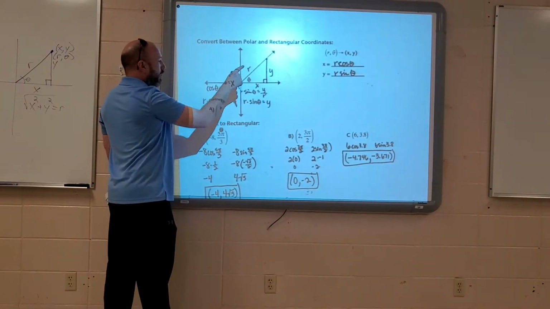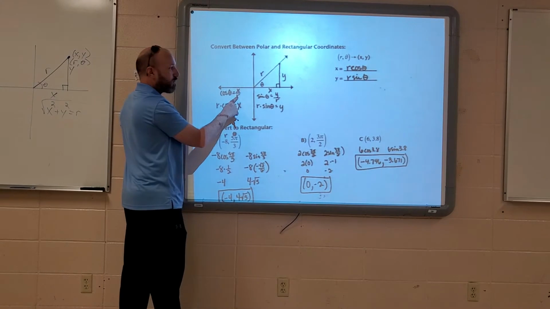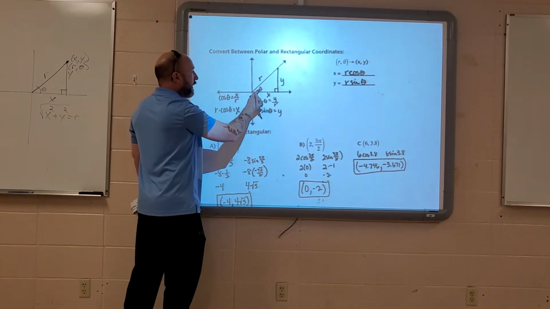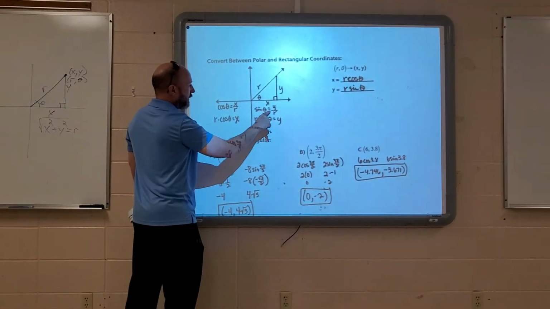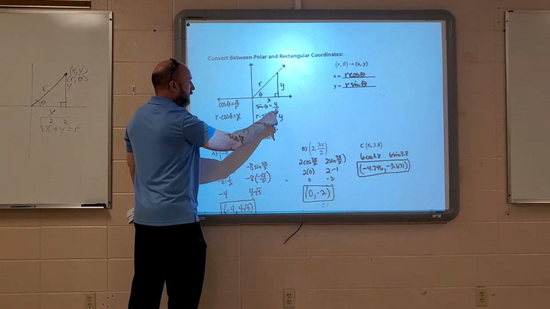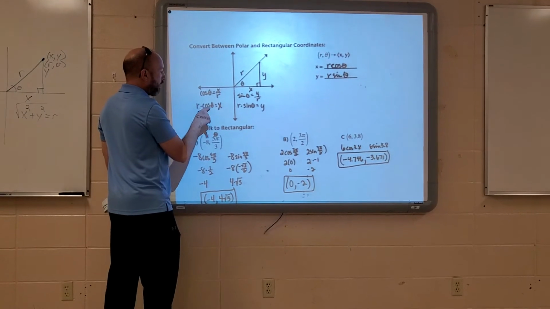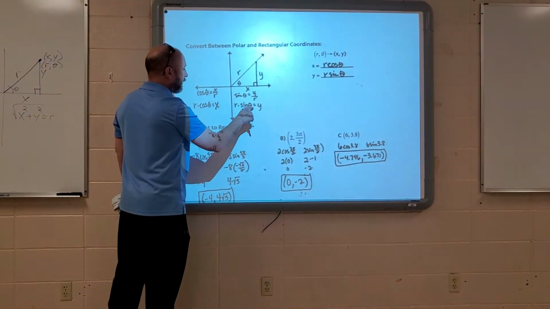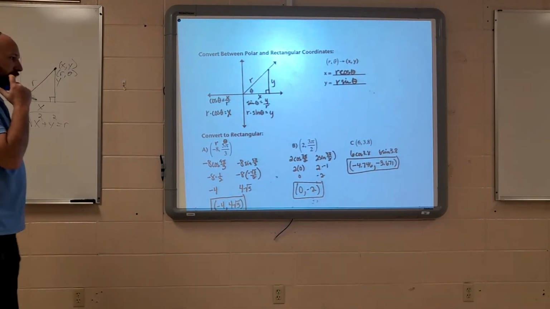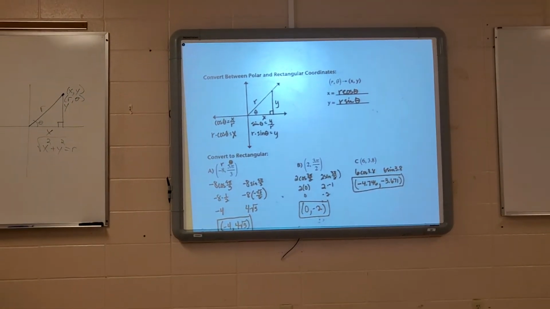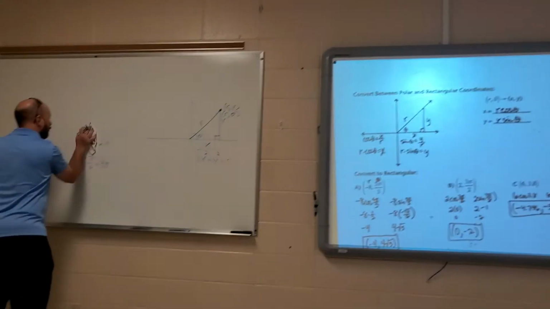It's x over r. And what's the sine of theta? Well, it's y over r. And then you just do the algebra, and you move this r over here on both sides. You get r cosine theta equals x, and r sine theta equals y. Okay, so that's your conversion rate to do the math, to convert between the two.